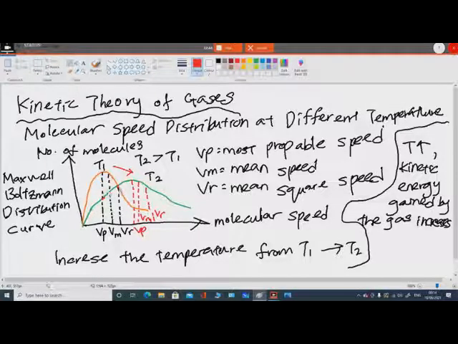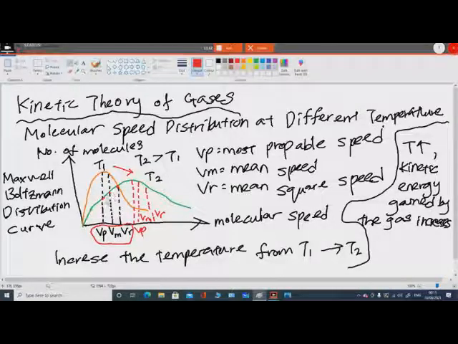Ignoring the curve for T1, let's observe T2. At T2, the number of molecules that have the most probable speed, mean speed, and root mean square speed has decreased to this point.